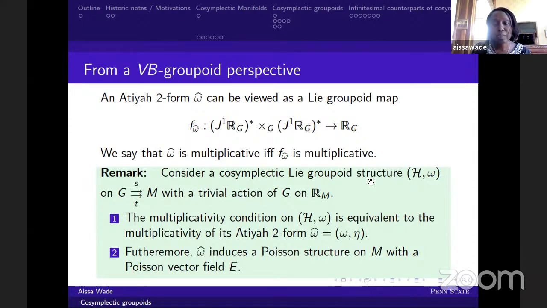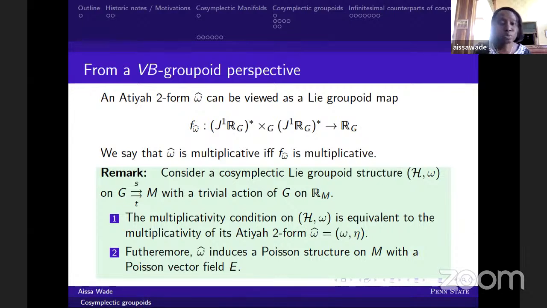So when the action coming from H is trivial, then the multiplicativity of the cosymplectic structure is the same as the multiplicativity of this omega hat. And from this omega hat, you get two tensors on M: a Poisson tensor, and then a Poisson vector field.